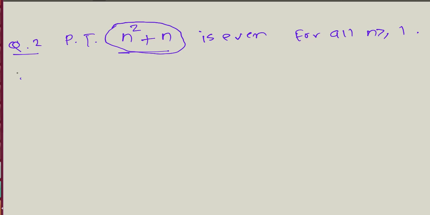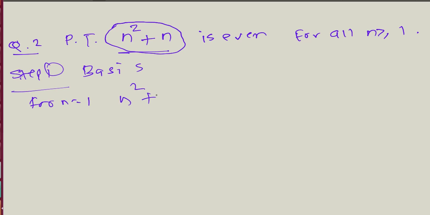So again, 3 steps. Step 1, basis. In the basis, we'll prove that this expression is divisible by 2, or is even, for n equal to 1. So for n equal to 1, n square plus n is equal to 1 square plus 1, that is 2, and this 2 is divisible by 2, or 2 is even.